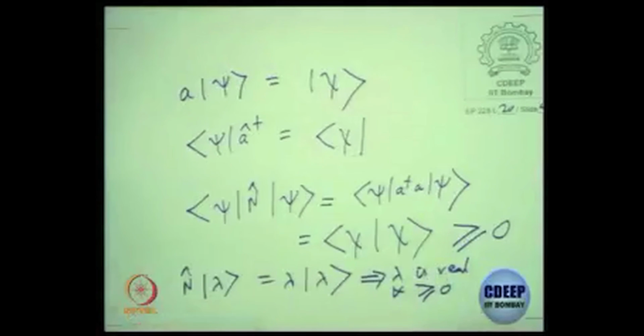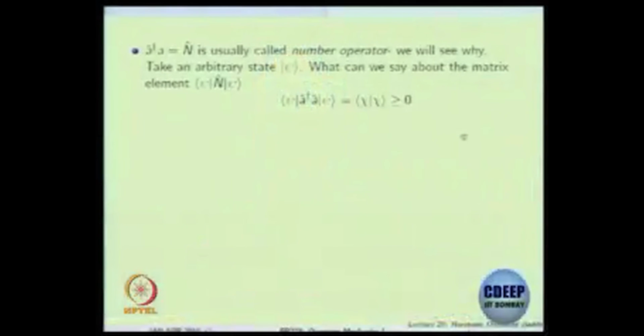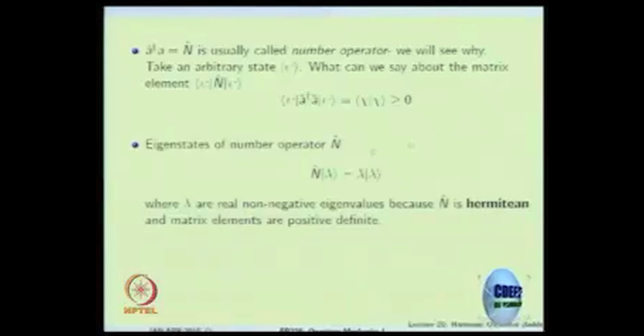Both the conditions apply. As we have already worked out, the matrix element has to be positive definite. Eigenstates of the number operator n hat, with eigenvalue lambda, have to be real non-negative eigenvalues because n is Hermitian and matrix elements are positive.